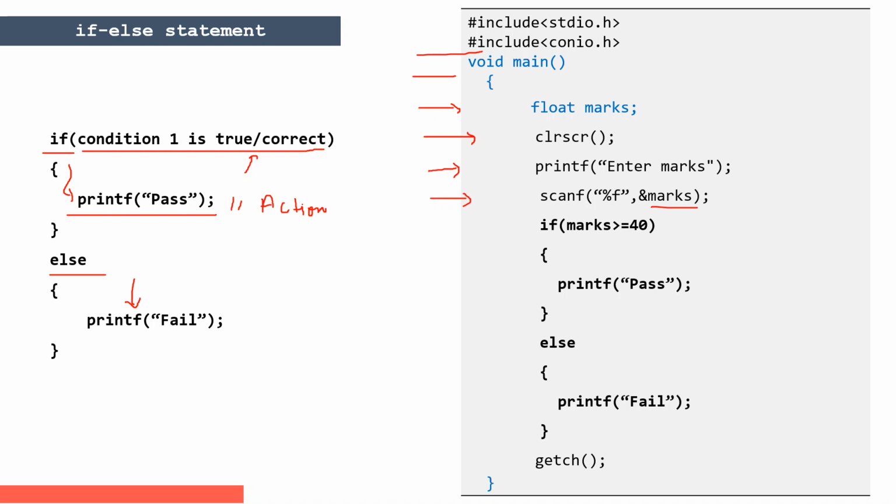So once you obtain the marks, it will check if marks is greater than or equal to 40, then it will print pass, else it will print fail. So if you enter any marks less than 40, it will print fail, and then finally getch. So this is the simple example of if and if else statement.